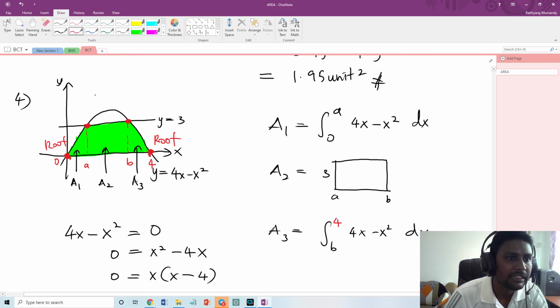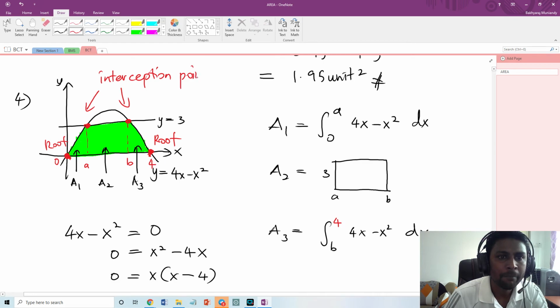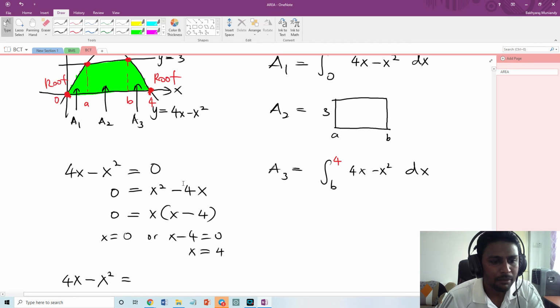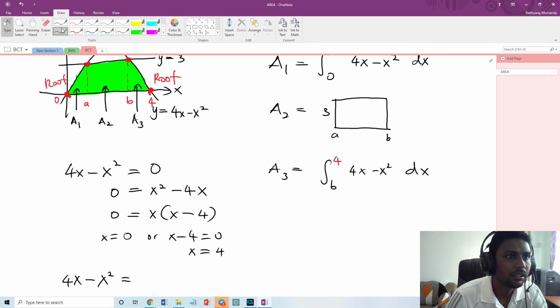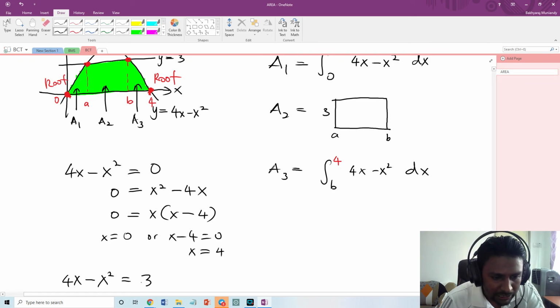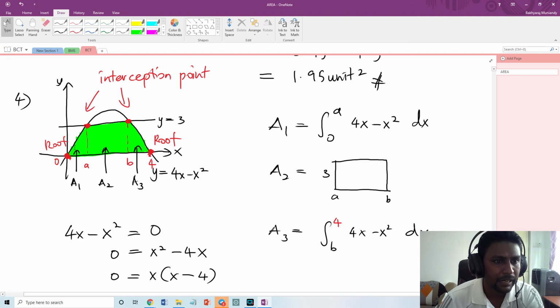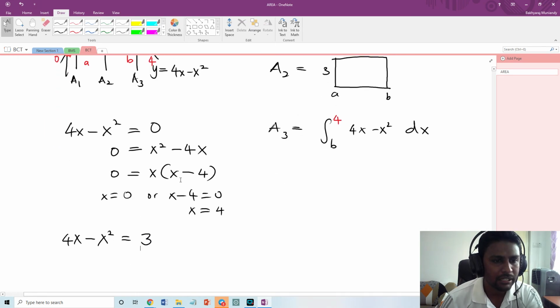So at the interception point the equations must be equal. So 4x minus x square must equal 3. It intersects with the 3 and with 4x minus x square. So that's why I put 4x minus x square equals 3.